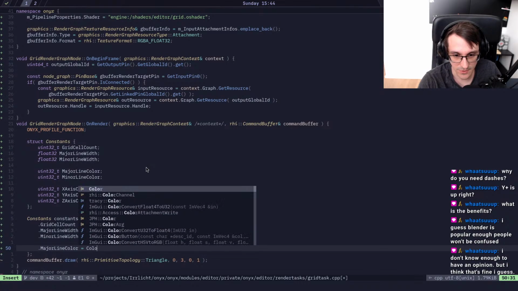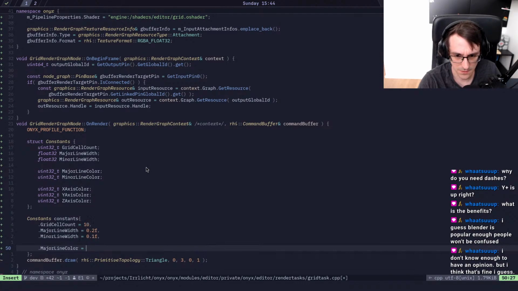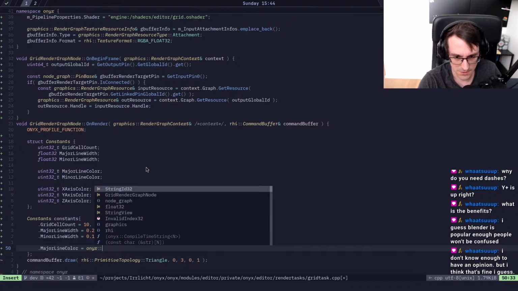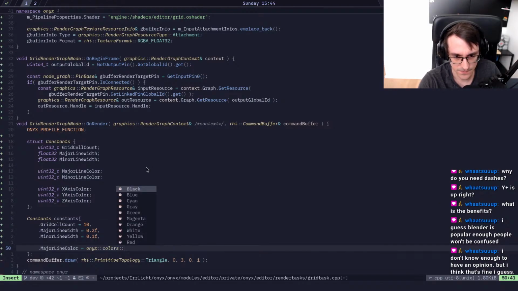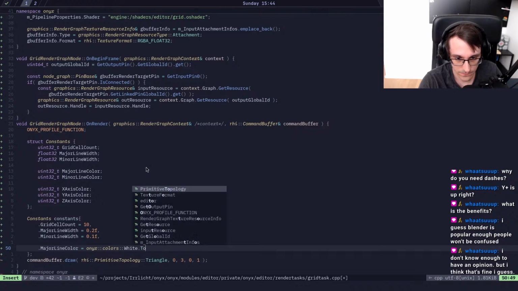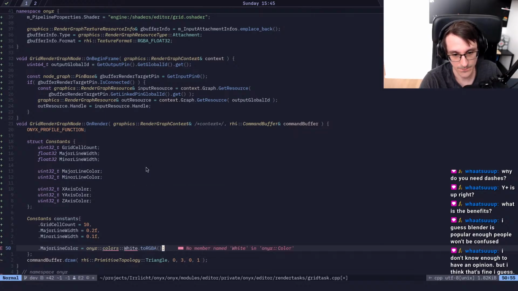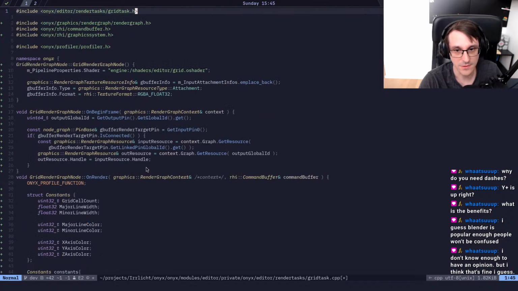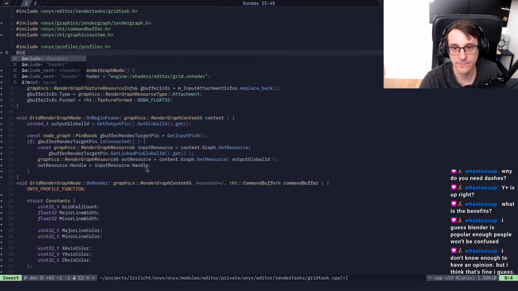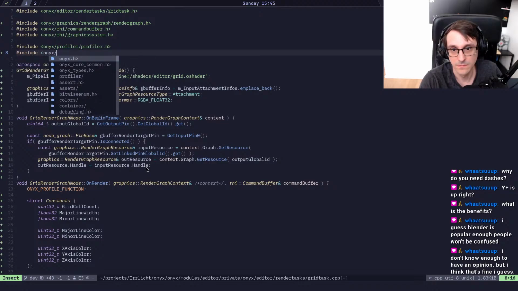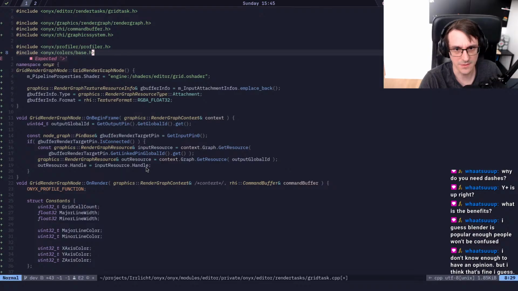Well, oh yeah, that's something new, right? So I think I have Onyx colors. White. To RGBA. And then I just need to include that here. And that would be base.